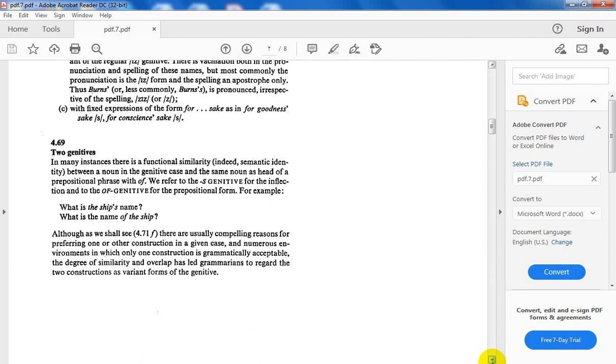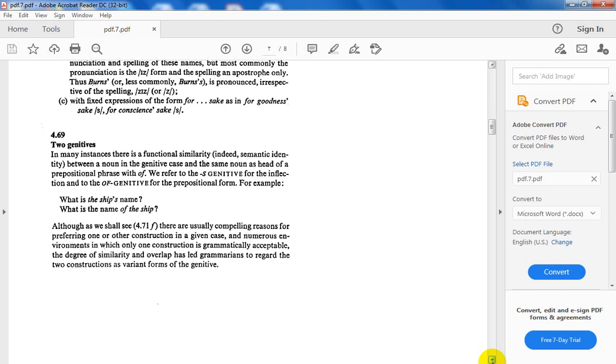Let us see. In many instances, there is a functional similarity, indeed semantic identity, between a noun in the genitive case and the same noun as a head in a prepositional phrase. يعني grammatical, functional and semantic identity. Why?